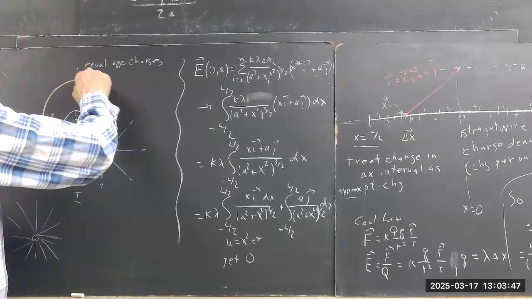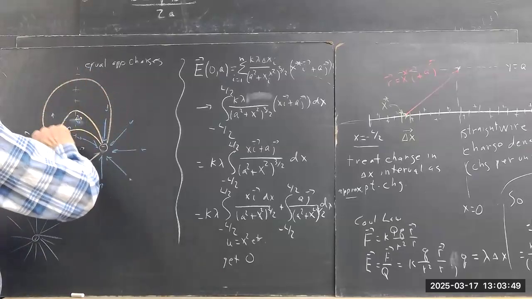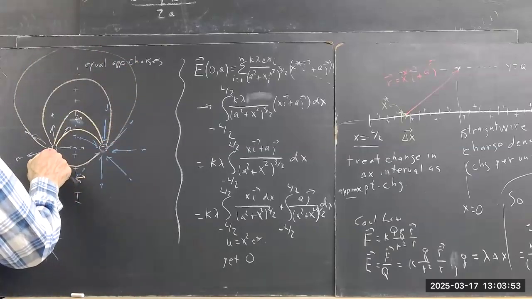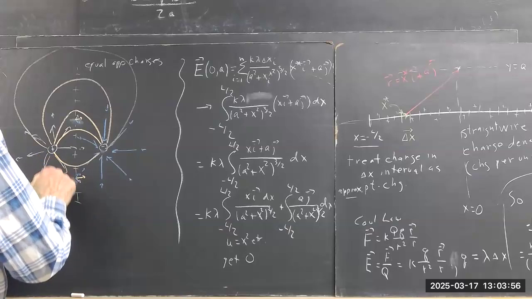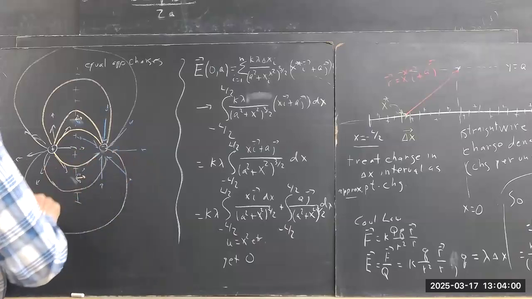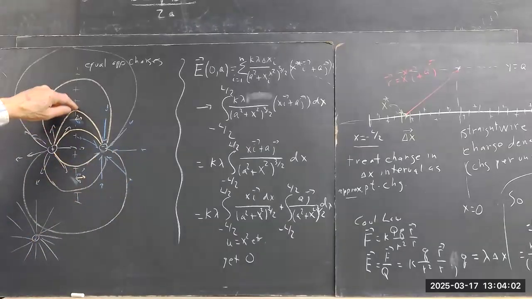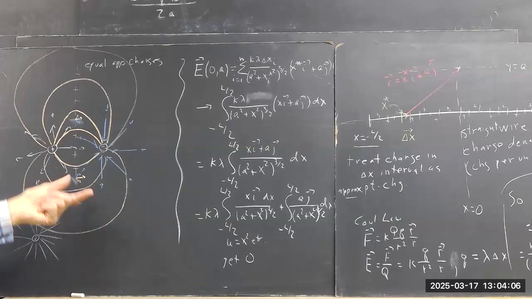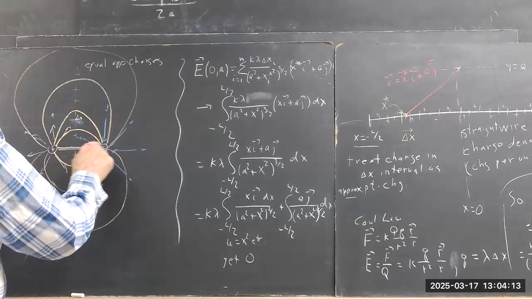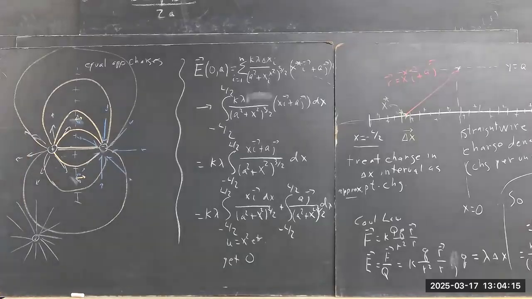And then you get something like this, something like this, something like this. Not very well drawn, it's peaking a little too much right here. But you get the idea. You've seen pictures like this, haven't you? So you can see how to construct that picture, because you have a straight line here.